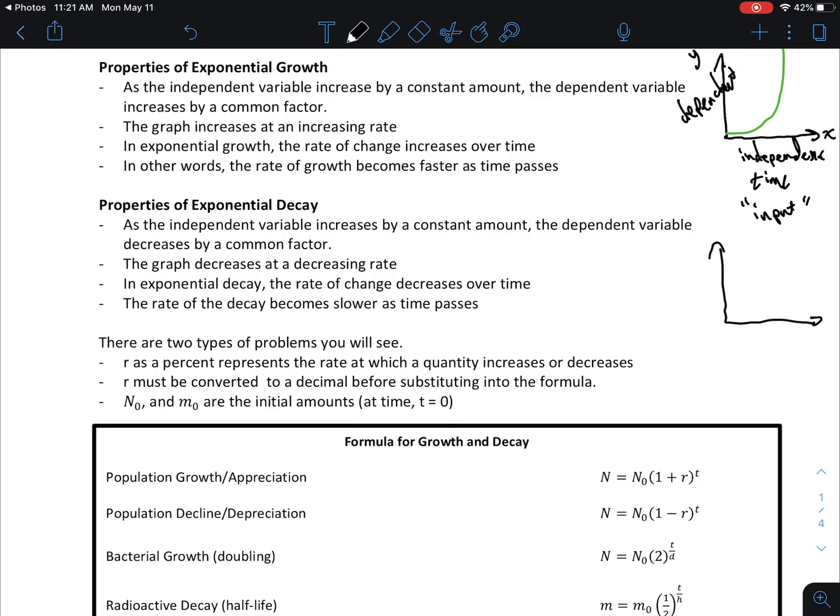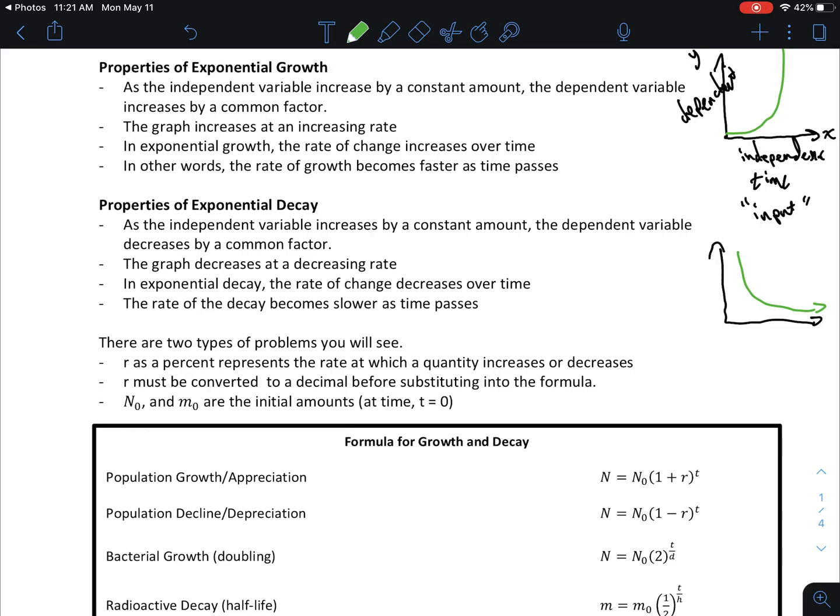The exact opposite thing happens for exponential decay. We can use the exact same axes, dependent and independent, except this time our curve is going to look something like this. As time goes on, we get closer and closer to this axis.